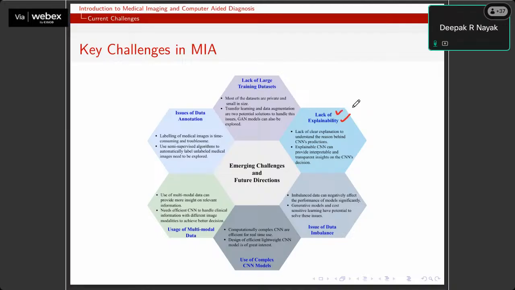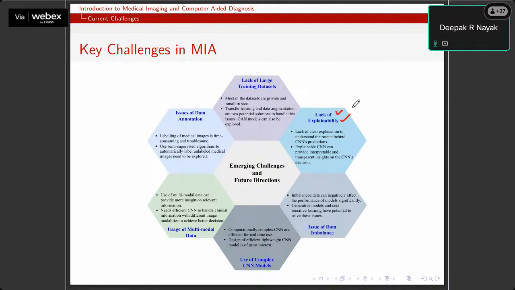Why is the model performing well? You need to increase the trust factor of your model. Doctors are not going to accept the results you have reported in the form of tables. Yes, it looks good that your model is performing well and beating all the state-of-the-art models. But the thing is, how can I trust your model? That is where you need to mention why your model is performing well.